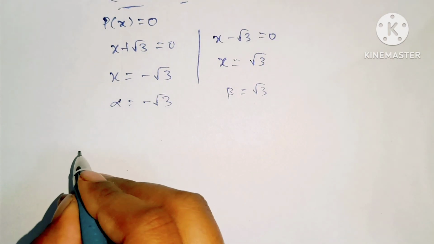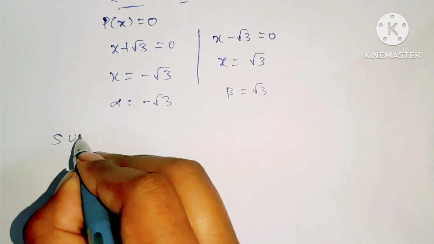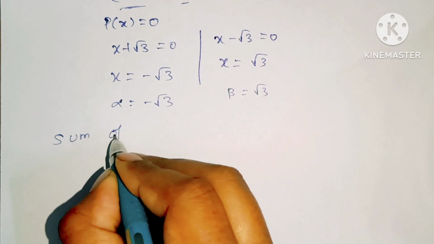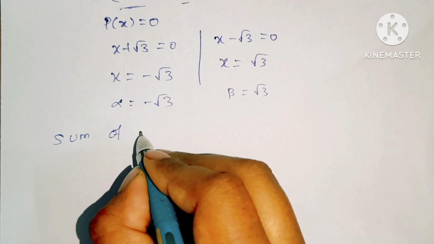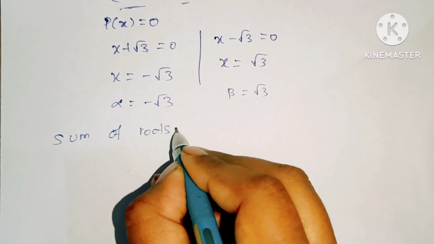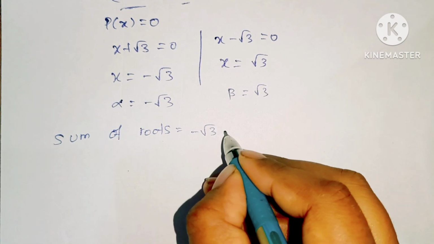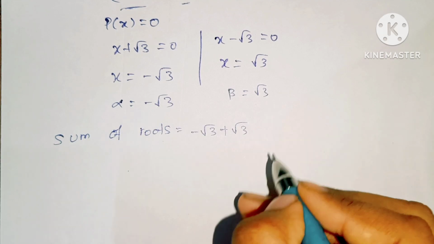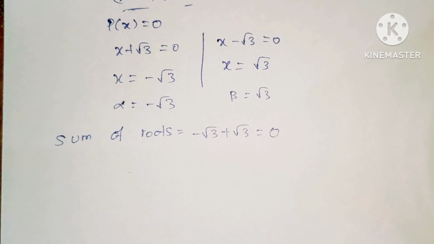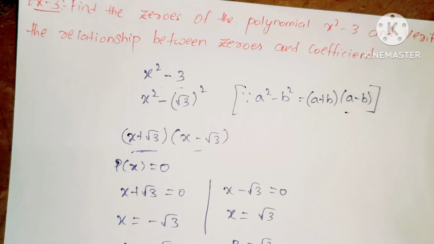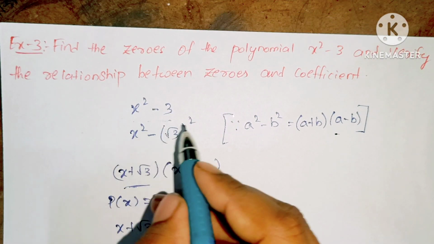Okay, so now again he said to find out relation between zeros and coefficient. So sum of roots equal to minus root 3 plus root 3, alpha plus beta. So how much you got? 0, right?